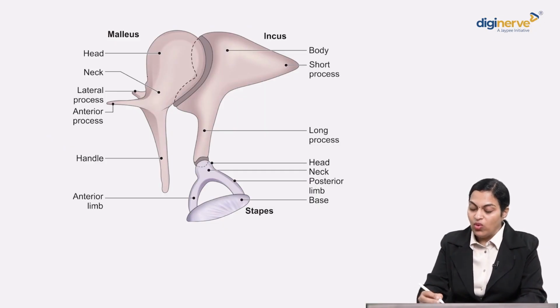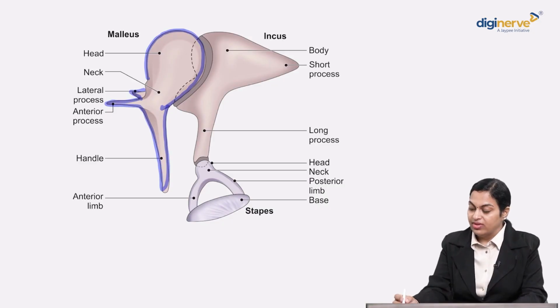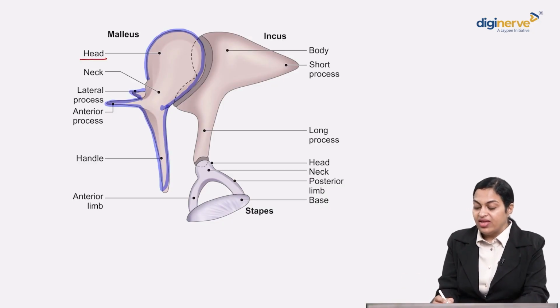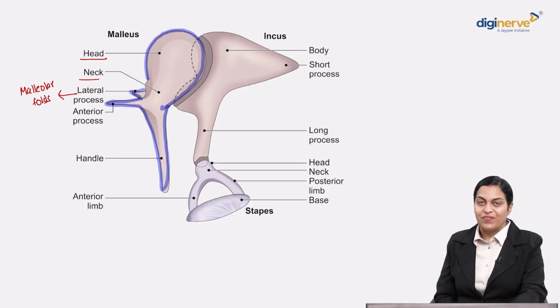So this we know it is the malleus. What are the parts of malleus? It presents a head, a neck. The lateral process of the malleus gives attachment to the anterior and posterior malleolar folds.